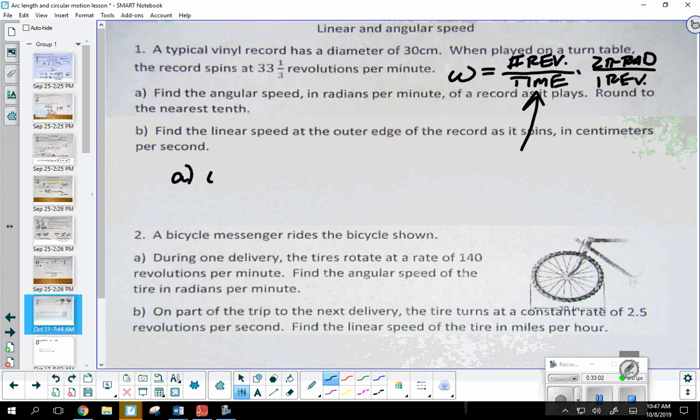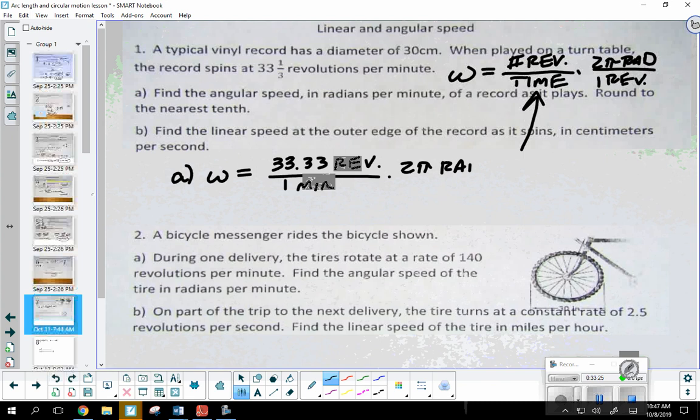So for A, and because it's a mixed number, I know this would be 33.3 repeating. I'm just going to go ahead and round it to 2 decimal places. So I'm going to say 33.33 revolutions in 1 minute. Times, now I want to go ahead and make that radians. So I'm going to multiply by the 2 pi radians in 1 revolution.